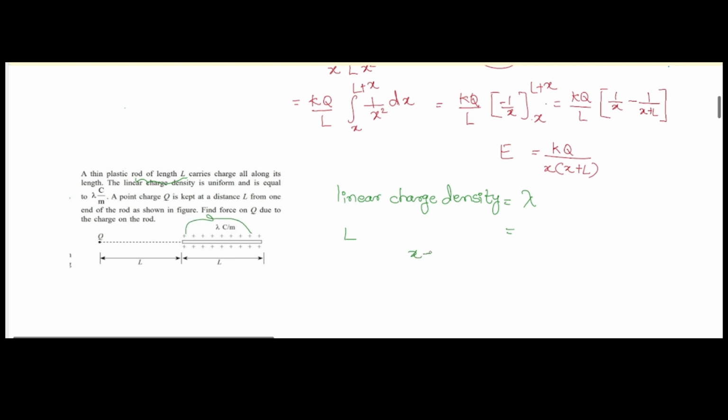So here x plus L is 2L, x is L. In the previous question, we took x, and in the place of x, here he took x equals L. So here the electric field for this is K into Q by 2L square.